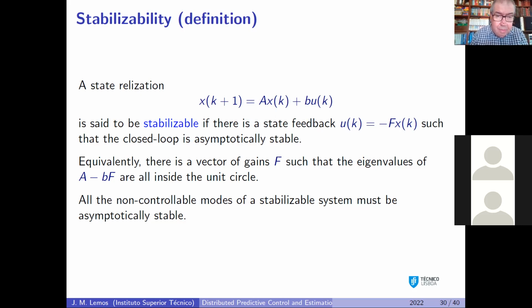I cannot move them by feedback, but they are naturally stable. So I cannot affect them, but they are stable already. And this gives the set of stabilizable systems.